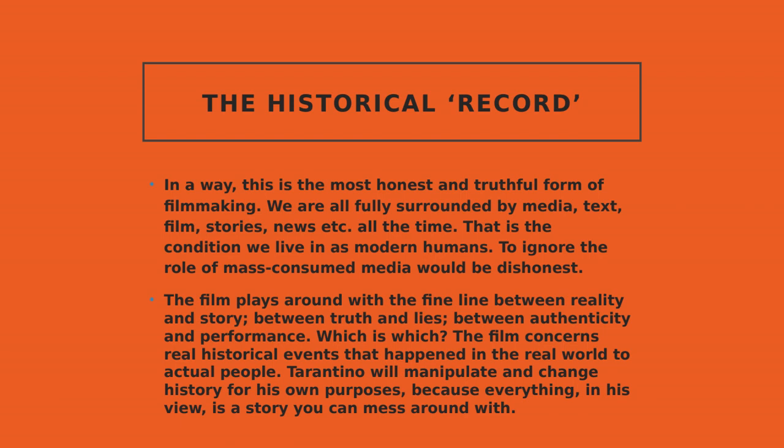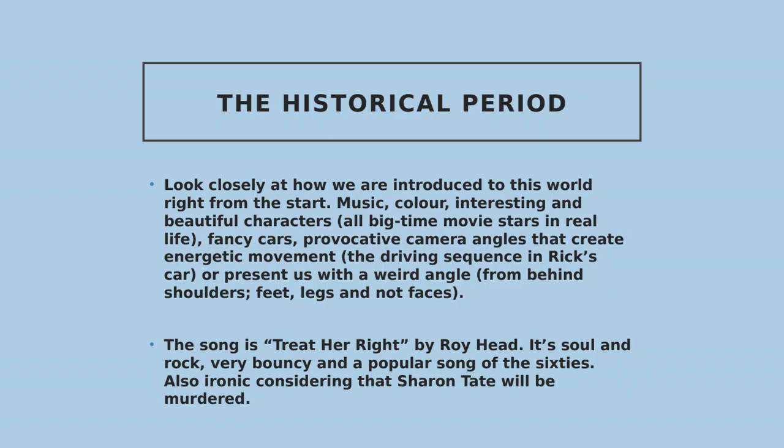Because it's not real, because it's a construct, you can change it. You can use it as material and turn it into something else, because that's what we all do. We all take reality, suck it into our phones, and spit it back out again as a story, a version of ourselves that we prefer. More on this soon. The historical period, at least, seems to be represented with a lot of accuracy.